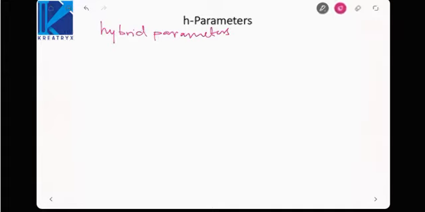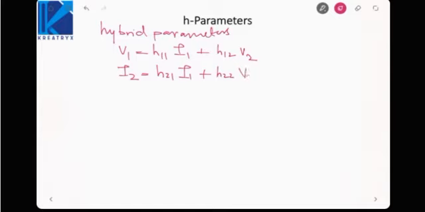Okay. That is, you choose voltage of one port and current of the other port. Like, V1 will be expressed as H11 I1 plus H12 V2, and I2 will be expressed as H21 I1 plus H22 V2.